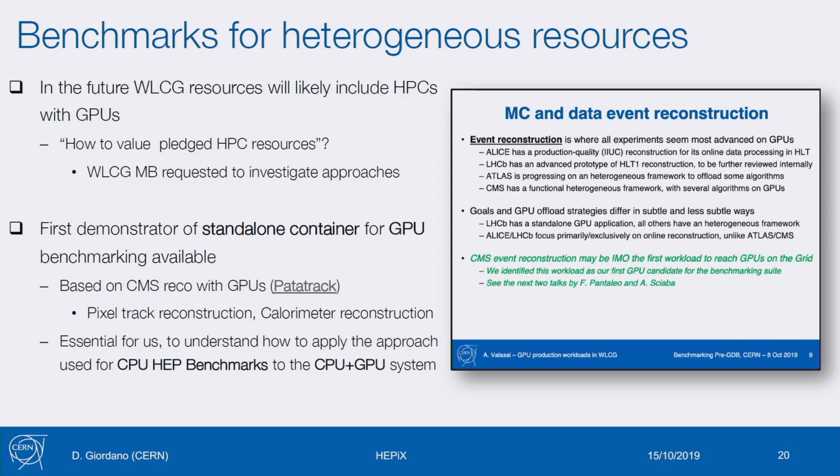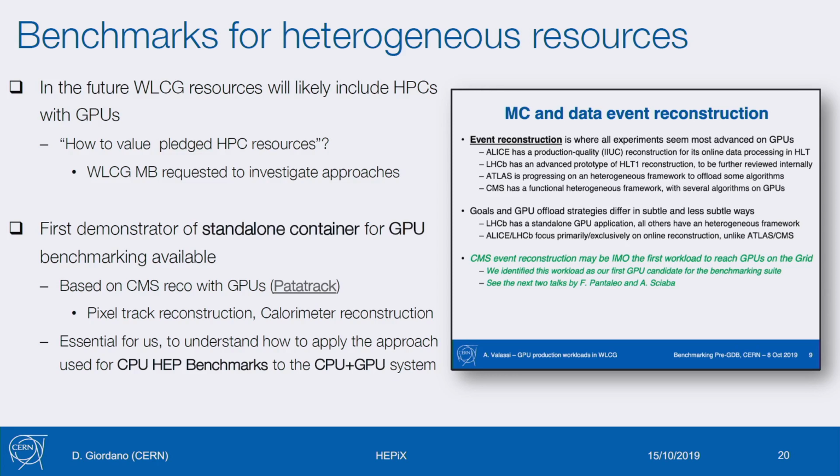In particular, the one at the highest level of readiness is CMS tracking reconstruction, with the project called Patatrack. We have collected their software and enough data to run on GPUs, and we have built a standalone container for that.